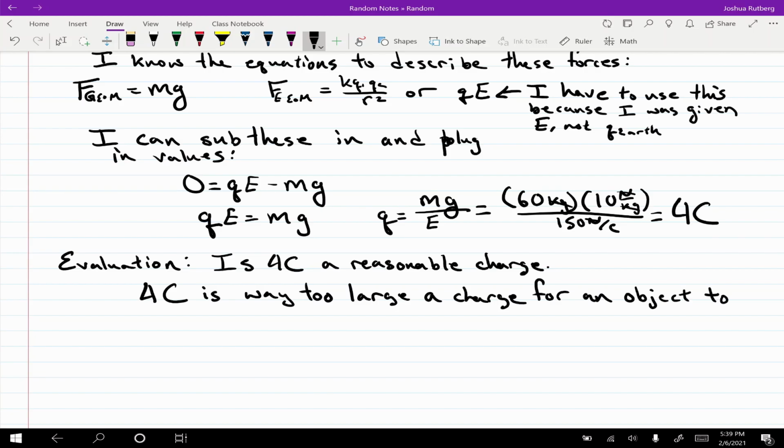Remember, in this class, all of the charges that we're looking at most are microcoulombs, or 10 to the negative 6 coulombs.